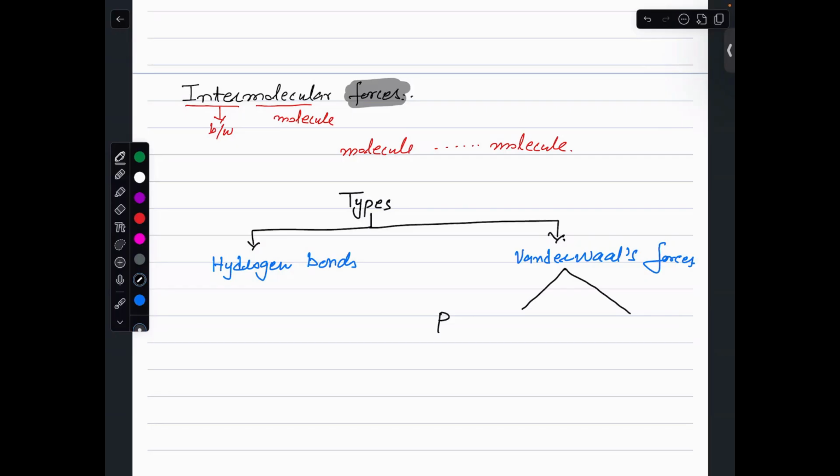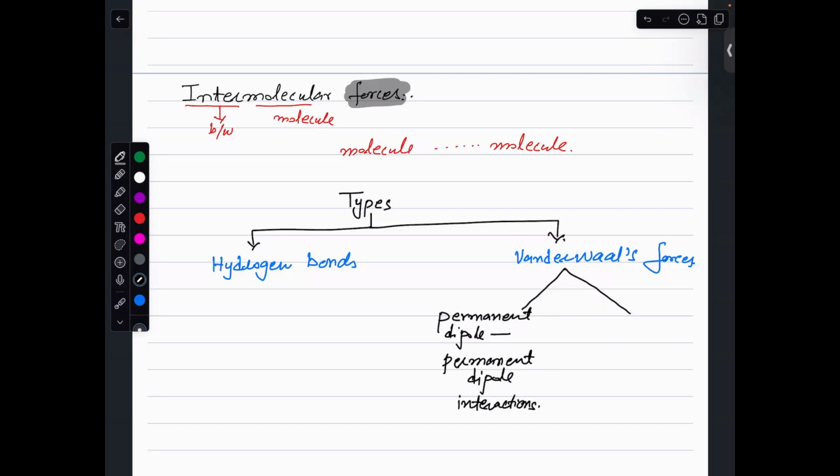The first is PD-PD interaction, permanent dipole and permanent dipole interaction. You can directly say interactions between permanent dipoles.